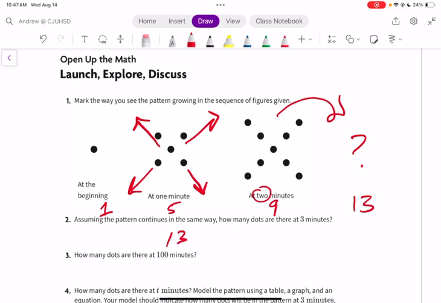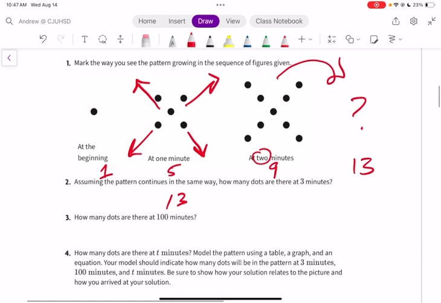But then how can we express this going so far into the future that we can look at 100 minutes? Well, think about it this way. Every minute we're adding 4 dots. So we start at 1 dot, and then 1 minute passes, we have 4 more. Another minute passes, we have 4 more. And we just continue adding 4 over and over again to this pattern.